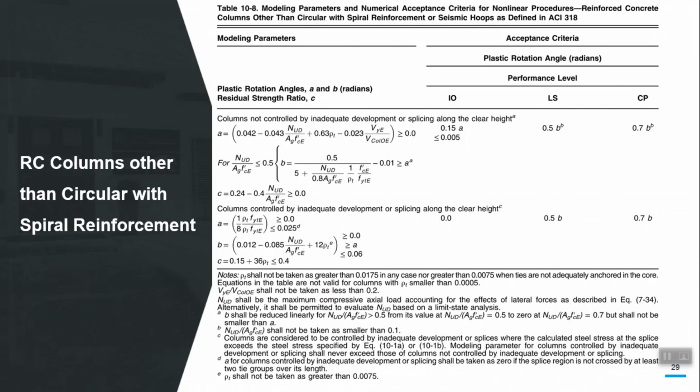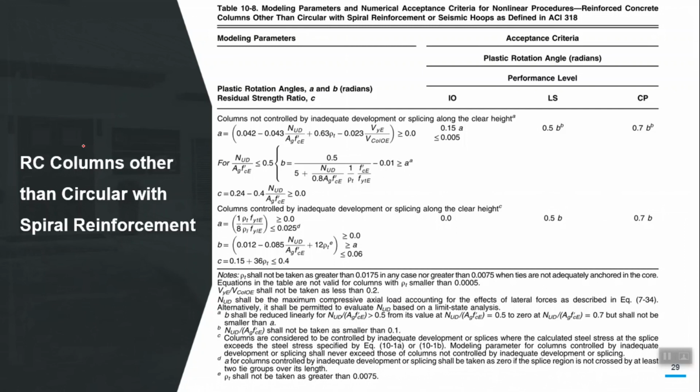So, the basic idea is the same: small a, small b, small c, IO, LS and CP rotation values. These 6 numbers will come from these kinds of tables, using which you will construct your action deformation curve in the respective degrees of freedom, and then give it as an input to plastic hinges, right.